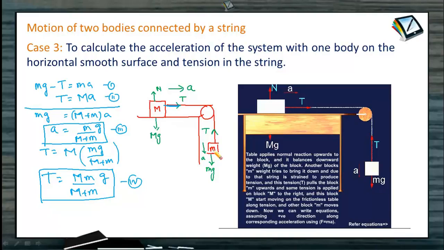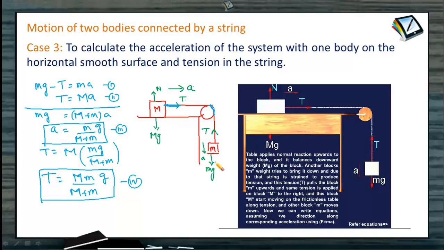Followed? Small m is pulled down by gravity, with string tension up. It is a single string, so the tension will be the same.